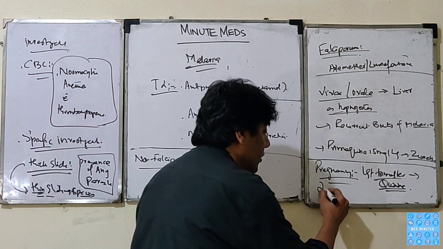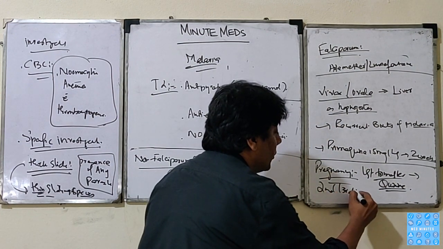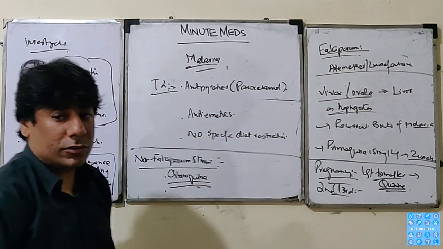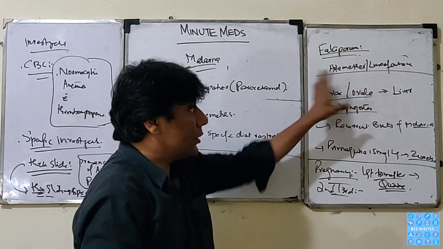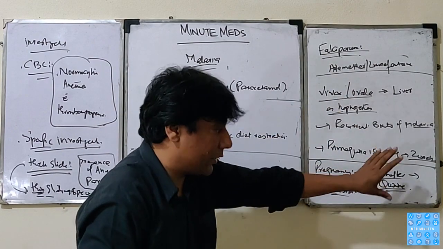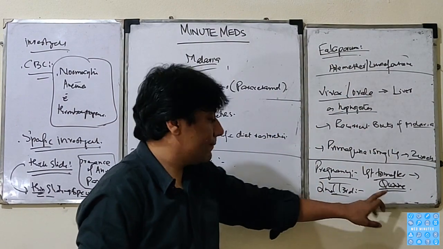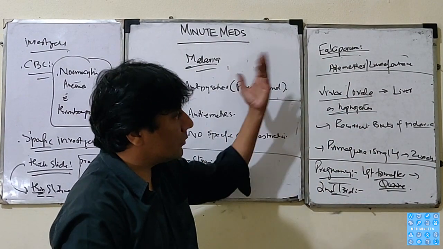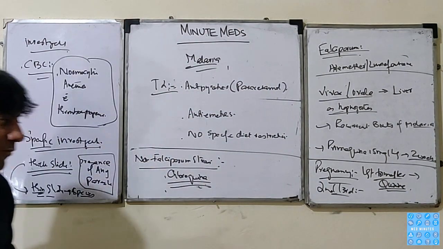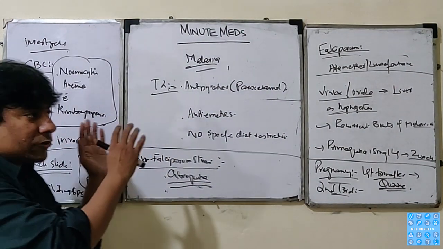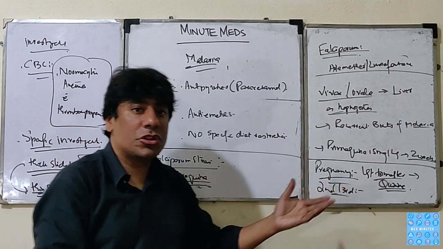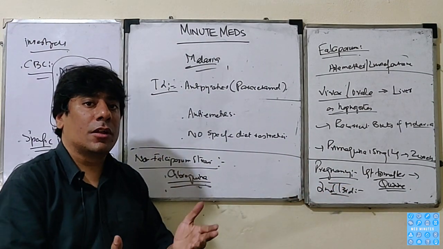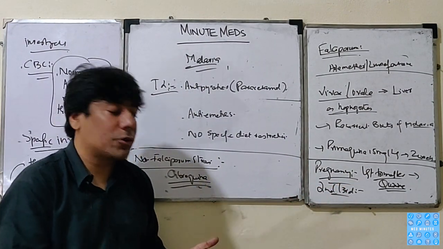And then in the second and the third trimester, we can go for artemether and lumefantrine. So this is the treatment of malaria, but this is for the patient who is able to take orally, who is not toxic and who hasn't developed complications.